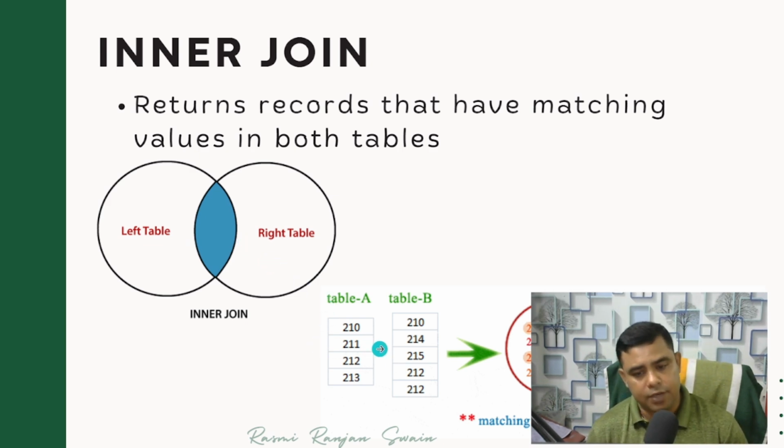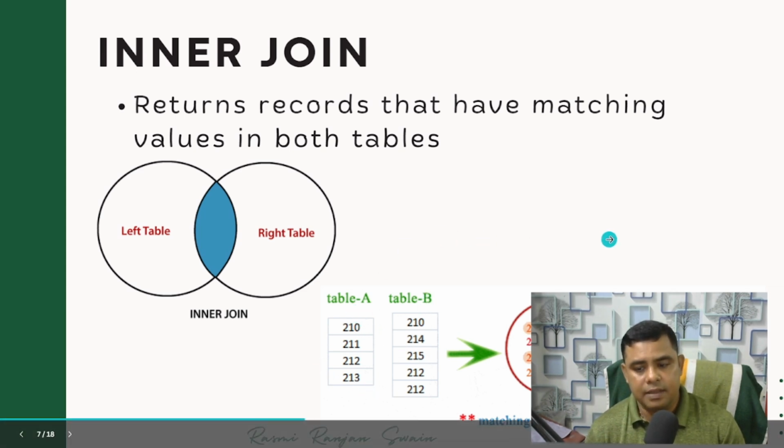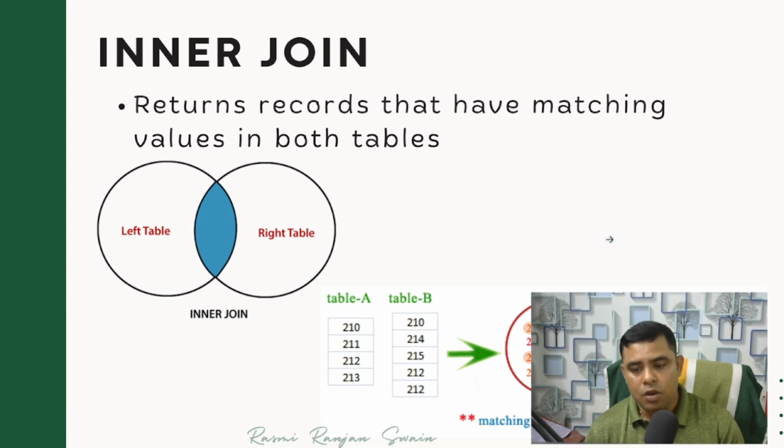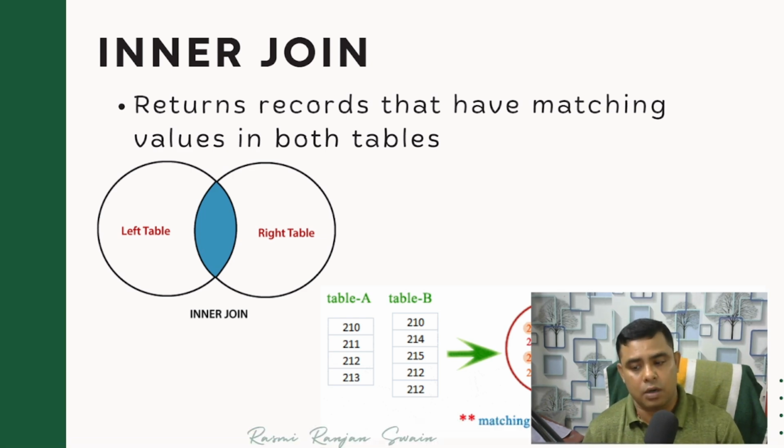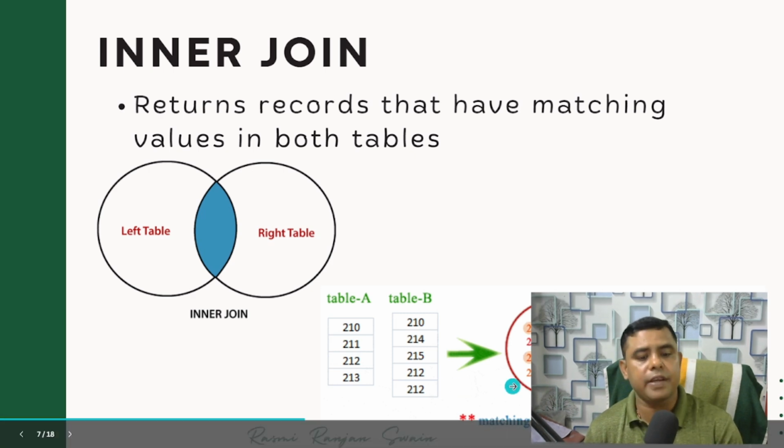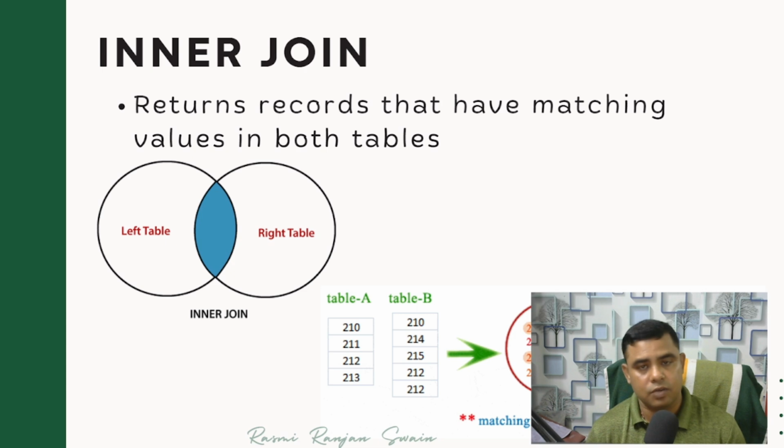If you take the example of table 1 and table 2, you will see only two rows are common here, 210 and 212. So when you apply the inner join, it will extract only these three rows: 210, 212 and 212.